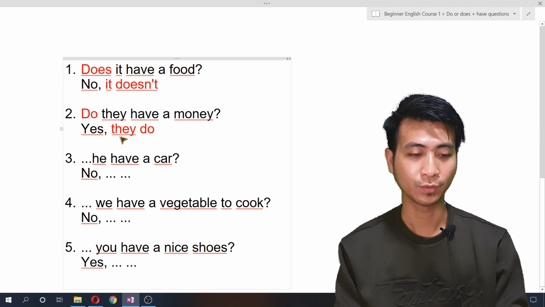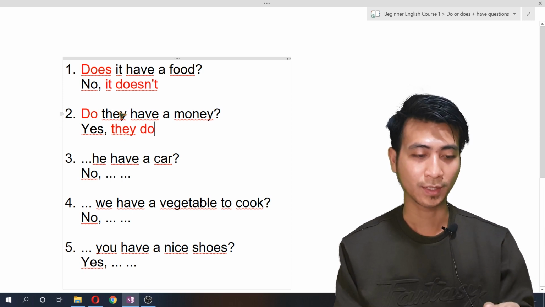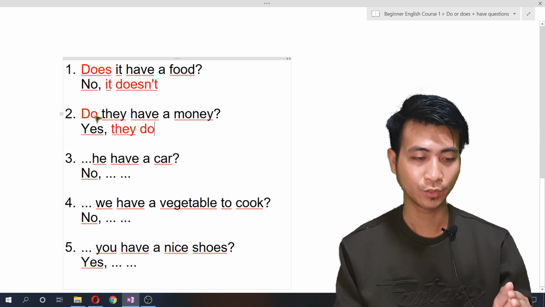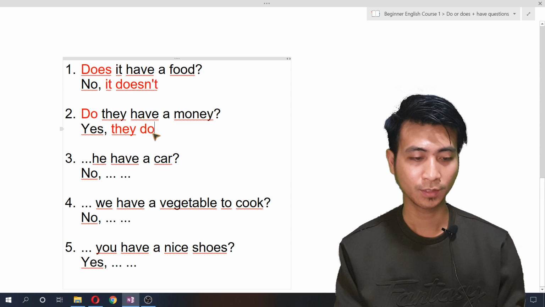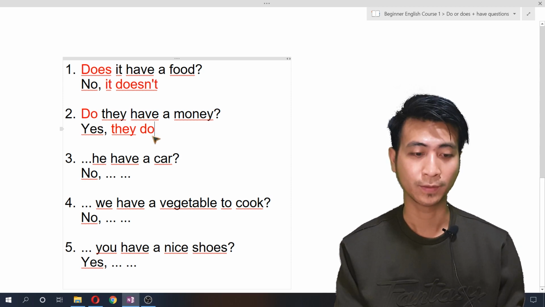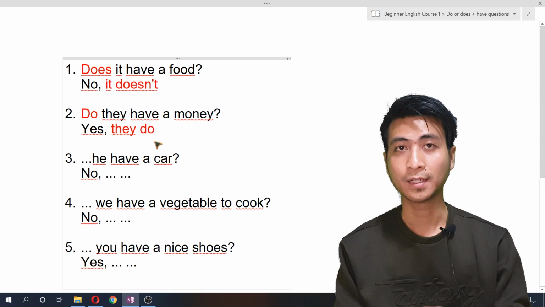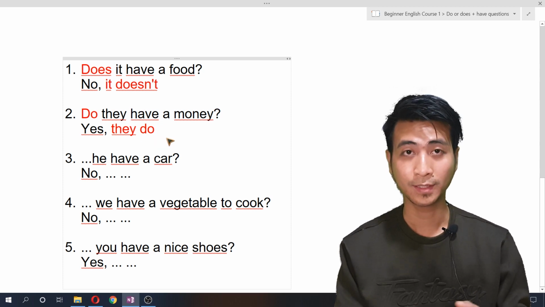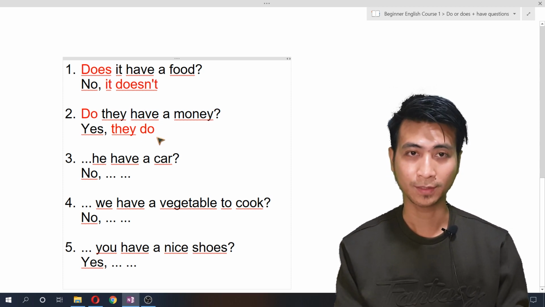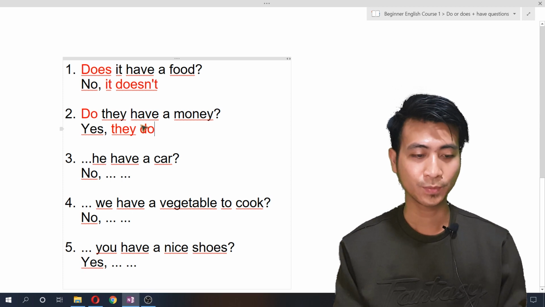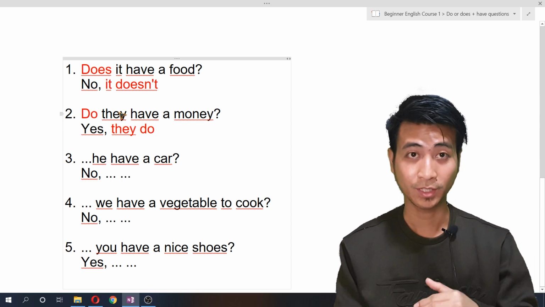Yes, they do. We just match the subject they from the top and do here in the answer section. Yes, they do. We can't use the answer they don't or they does or they doesn't. It doesn't make sense, so we just put the same as in the question.